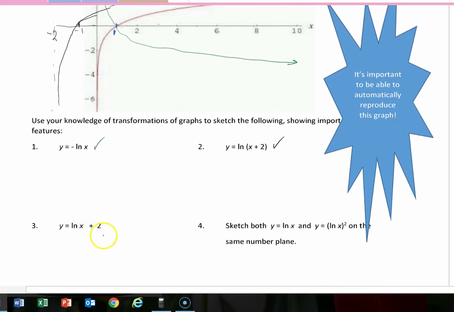Log of x plus 2, this plus 2 is different to that plus 2, note the difference, pushes the graph up, so we now have something like this.